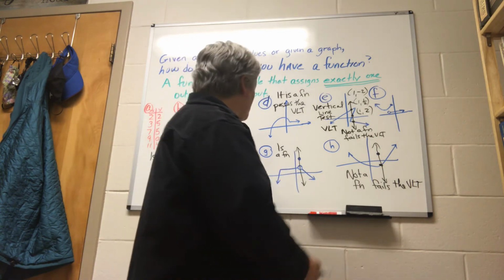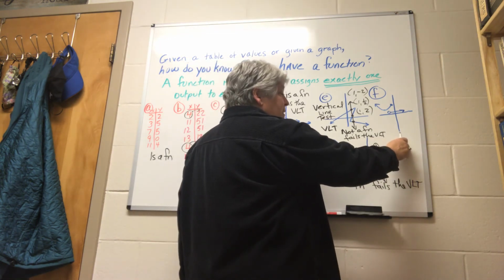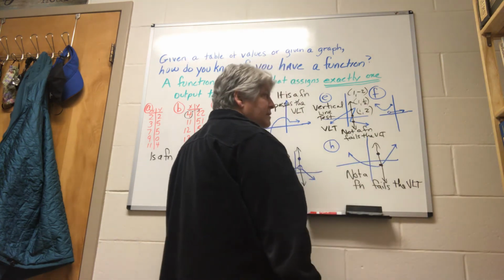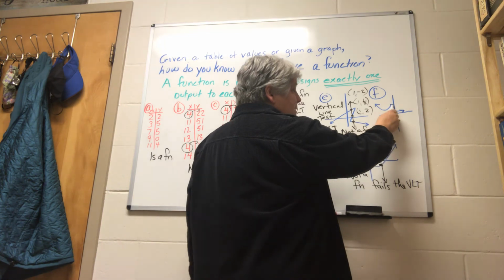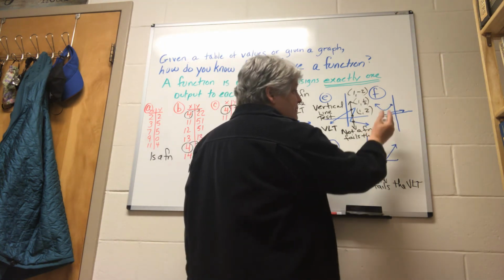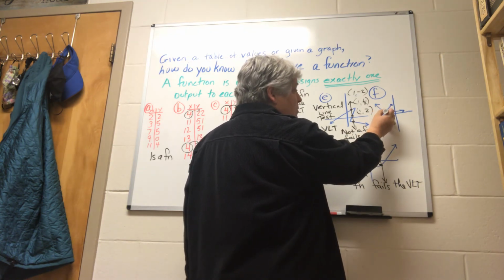Finally, on my overcrowded board here, I've got F. Let's take a look at F. Here's a piece and here's a piece, and you might think, oh, everything is fine because there's a hole in the graph, and then there's a point up here. It isn't going to fail the vertical line test right here because that is a hole.